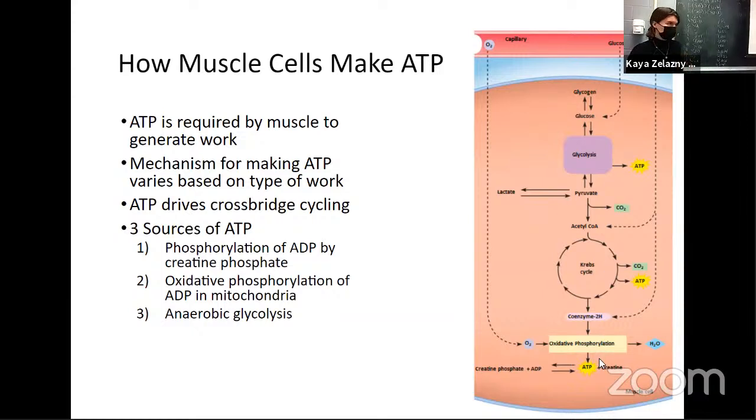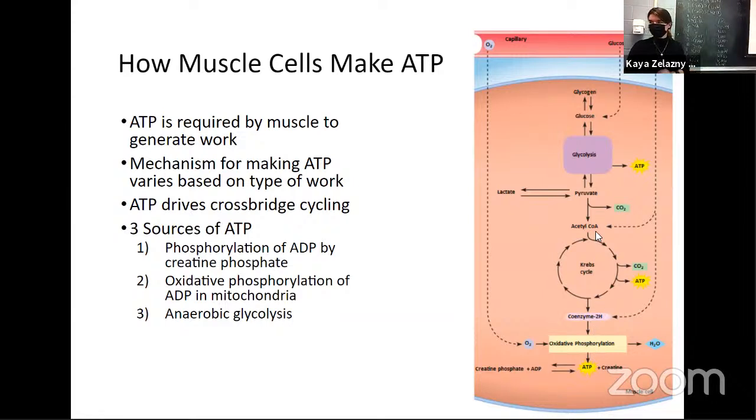That's what we usually have happening. And remember that the main places we have ATP made: we get 2 ATP from glycolysis, we get another 2 from our 2 cycles of the Krebs cycle, and we get a lot, 30-ish, from oxidative phosphorylation.